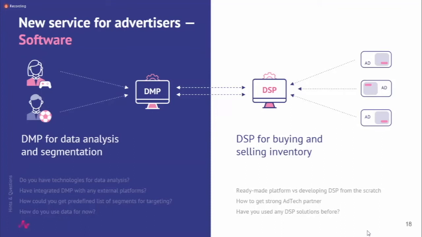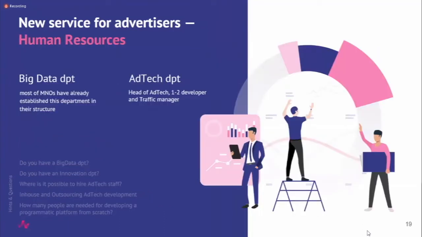The second point is human resources. Most mobile network operators have their own big data technologies and their own big data department, who manage and analyze these technologies, create data segments, find the best way for data segmentation, and so on.